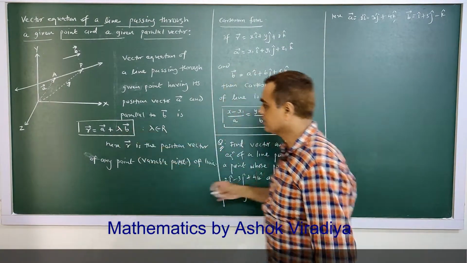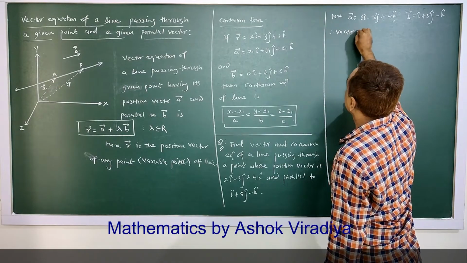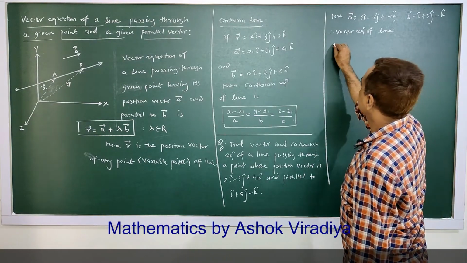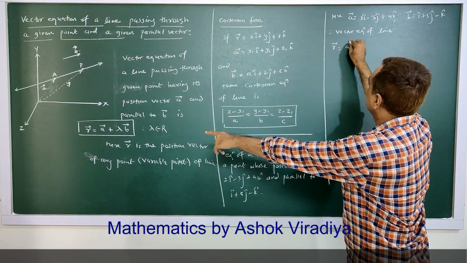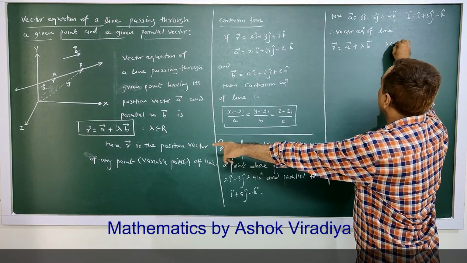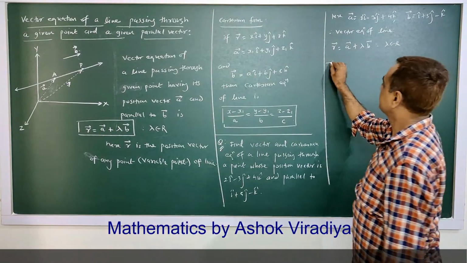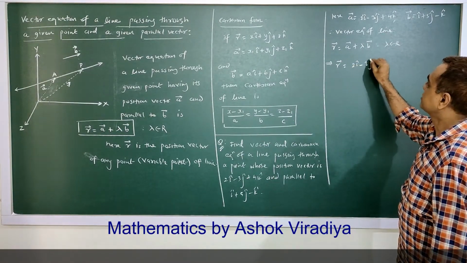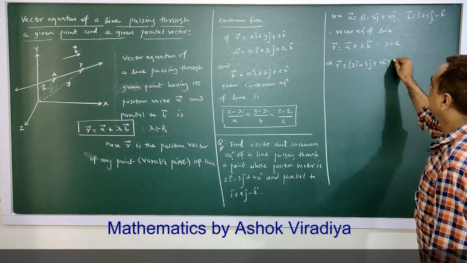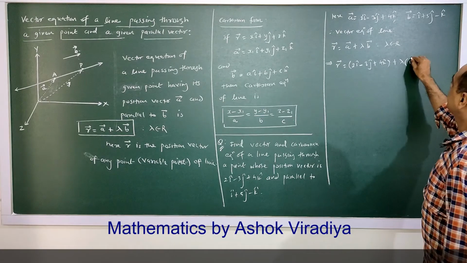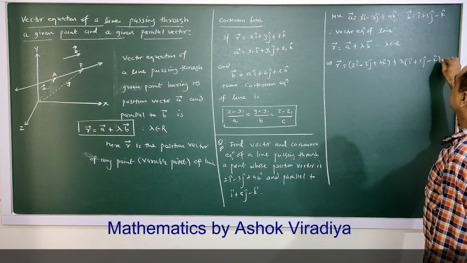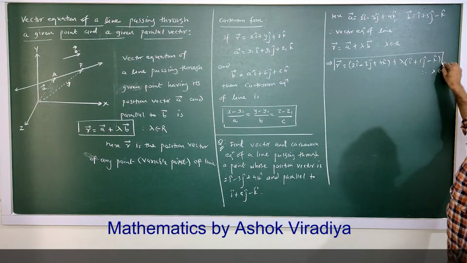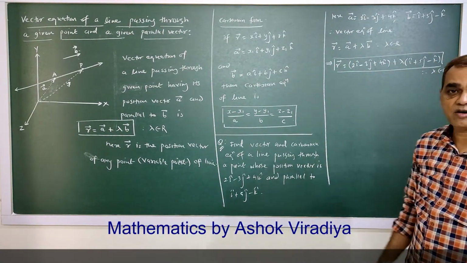So the vector equation of the line is vector R equals vector A plus lambda times vector B, lambda belongs to R. That means vector r equals 2i minus 3j plus 4k plus lambda times (i plus 5j minus k), lambda belongs to R. So this is said to be a vector equation of this line.